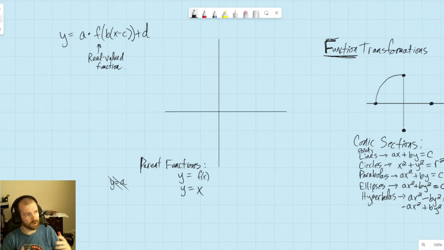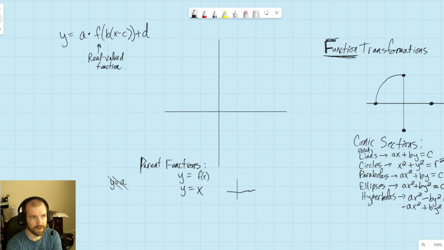But the most basic function that actually does something is going to be y equals x, and this has our nice little graph that we're used to at this point. As we go over to the right, it's going to go up, and every value that we plug in for x, we're just going to get that same value back for y.